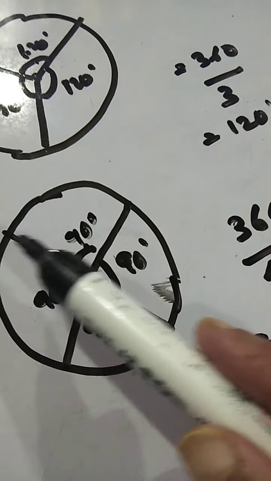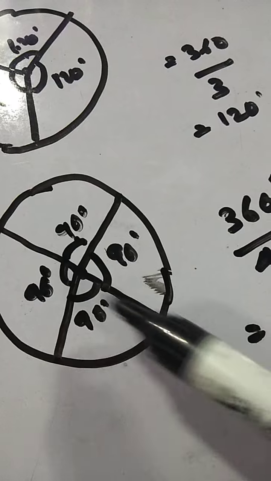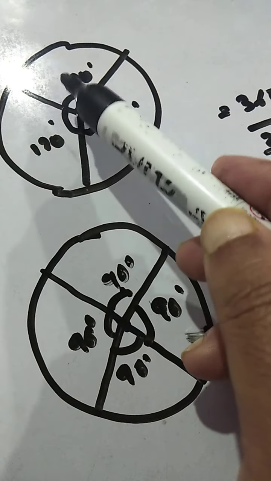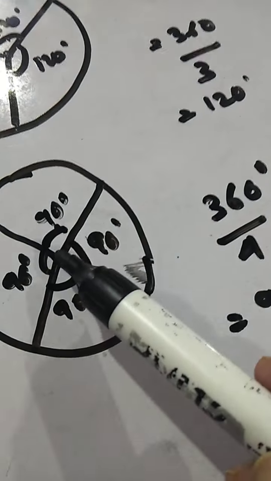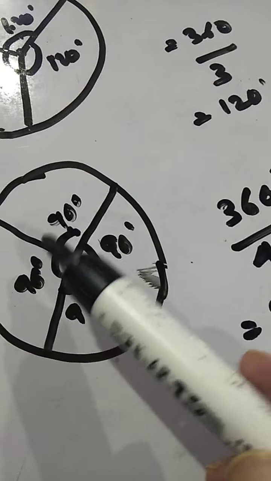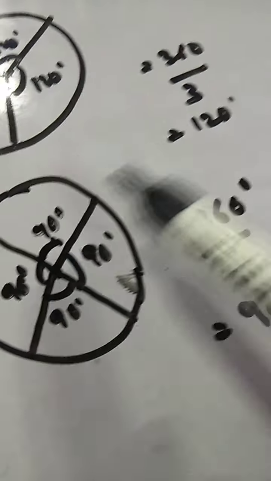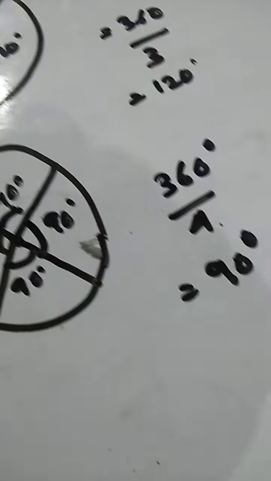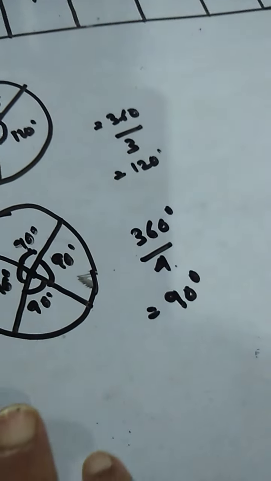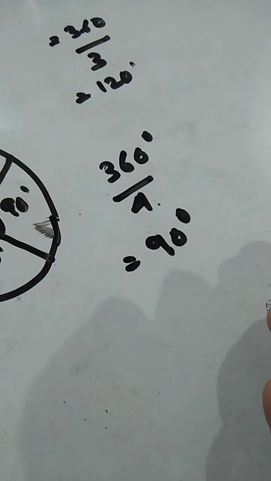But when we increase 3 spokes to 4 spokes, then the angle between the two consecutive spokes became what? 90. That means when the number of spokes was increasing, the angle between the two consecutive spokes is decreasing. So you see, one quantity is increasing and another quantity is decreasing.